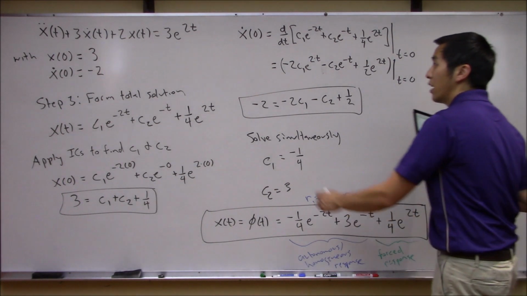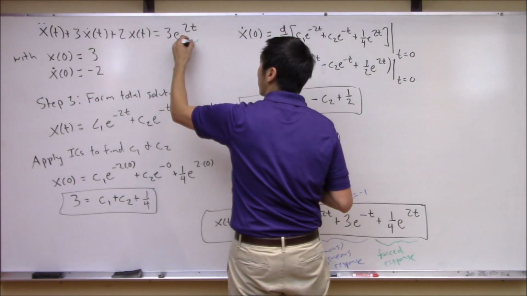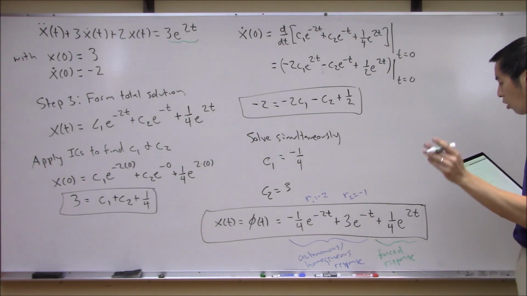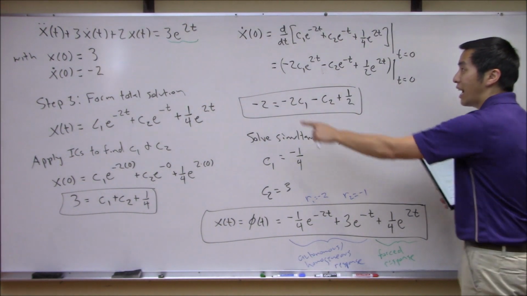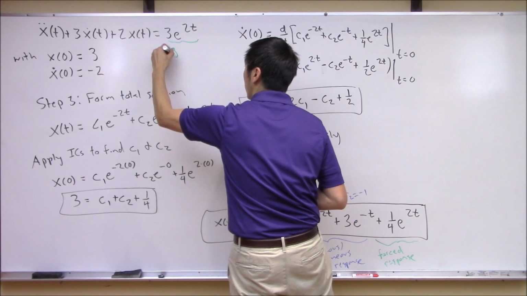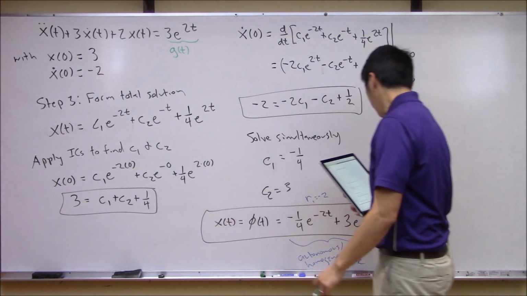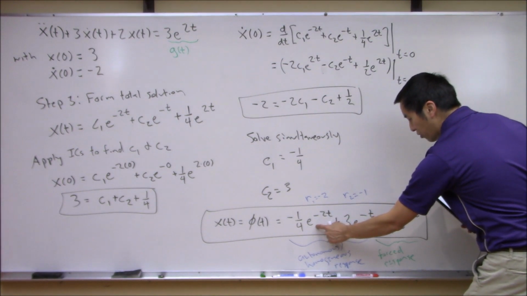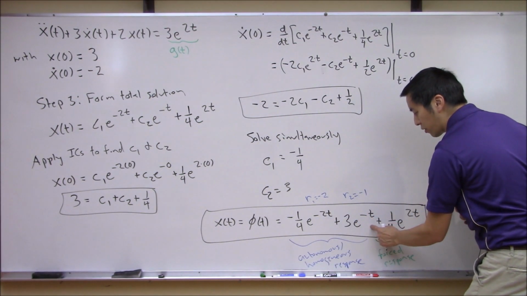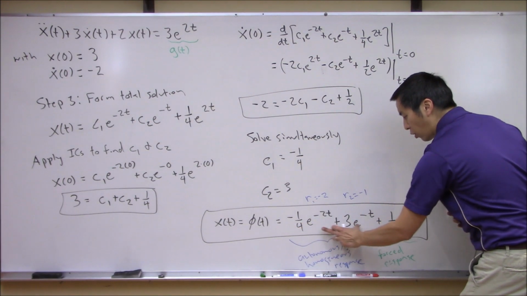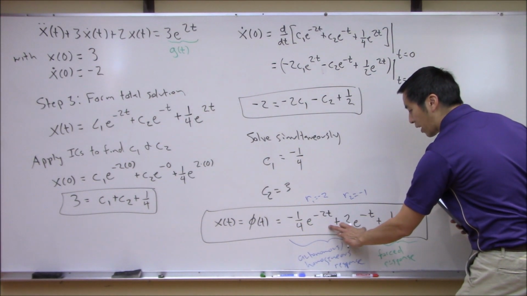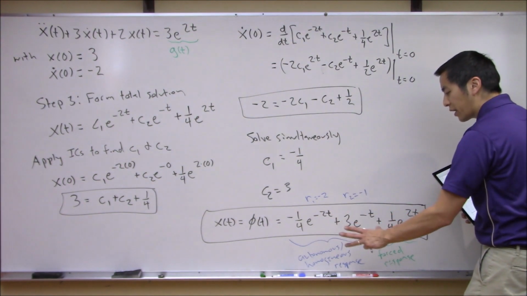So this term obviously looks very similar to this, but also note, this is not equal to g of t. This is g of t over here. So this function is interesting in the sense that as t gets large, these two terms are going to go away to 0. The response of the system due to initial conditions, that's what these two are, is effectively going to die away.